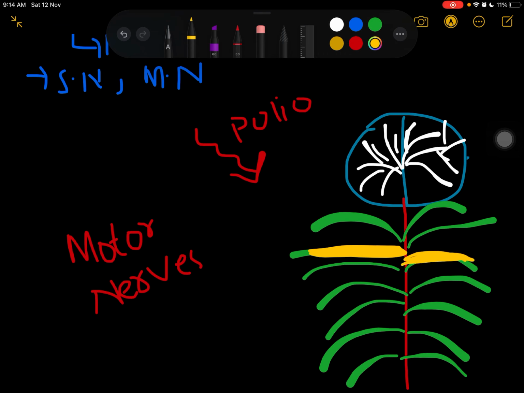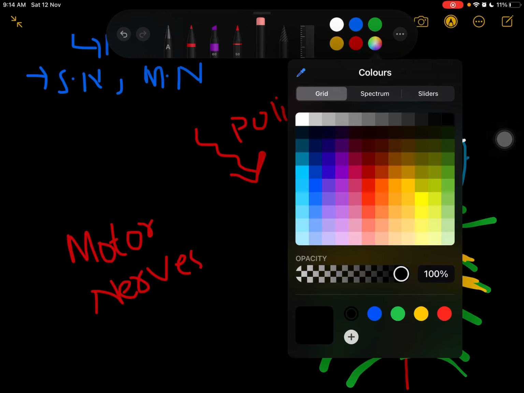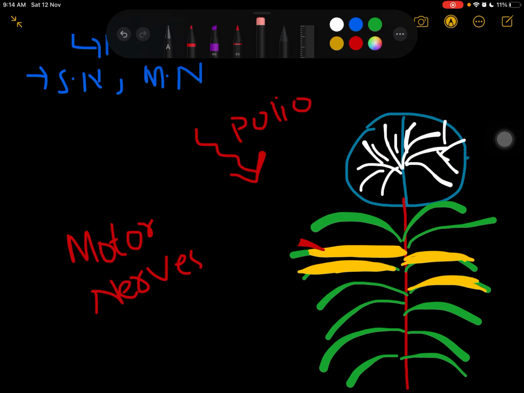Consider that they are getting infected. These motor nerves are now infected, right?